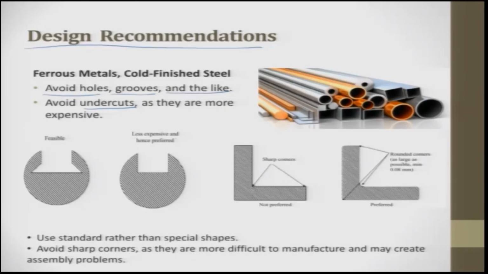This is less expensive and much preferred, but here you have something like a dovetail, which is also feasible, but manufacturing it is expensive. If you want sharp corners, it is not advisable because the stress can grow, and second, manufacturing sharp corners is very difficult. So, it is always advisable to give a small radius at different corners.